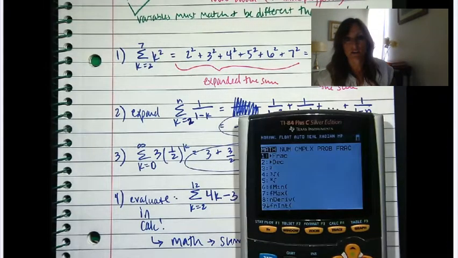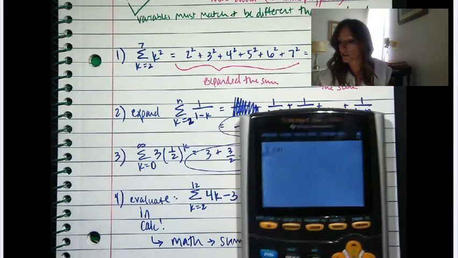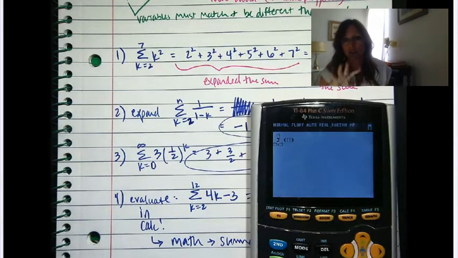Math, and you can scroll up or way down and click summation. You can see the sigma, and on this operating system, you actually have everything kind of in position. If you have a different operating system, it might not sit nicely underneath or over, but you still have a spot for everything.